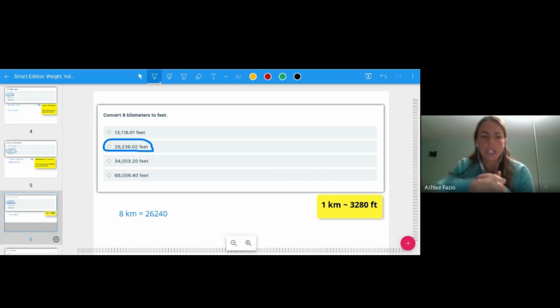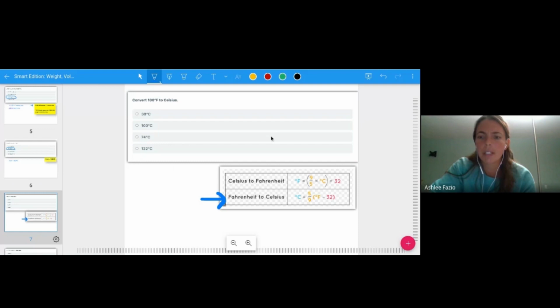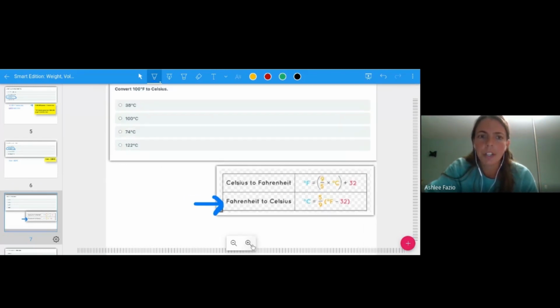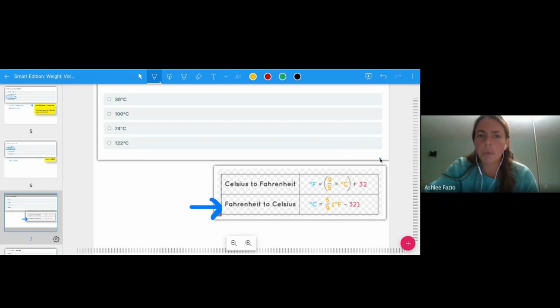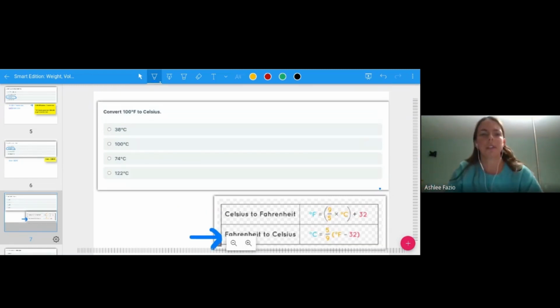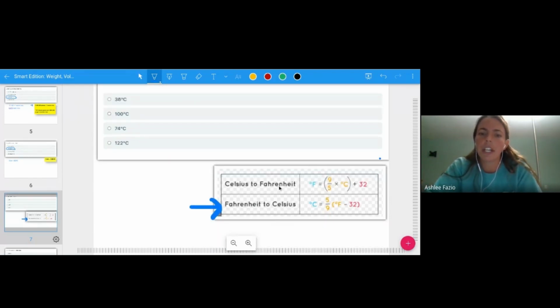All right, so the next question, we're going to switch it up a little bit and look at one of the formulas that you will need to know. So let me zoom in a little so you can see better. This question says, convert 100 degrees Fahrenheit to Celsius. So this formula here, I've put both the formulas from Celsius to Fahrenheit and then from Fahrenheit to Celsius here.